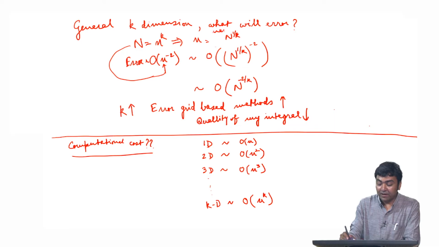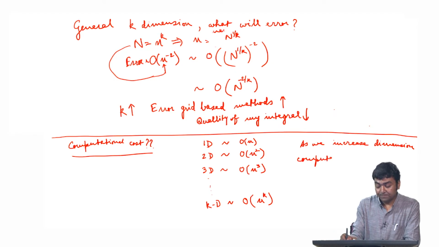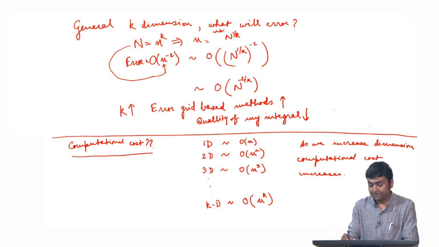So, basically as we increase dimension, the computational cost increases, which is a bad thing, and we do not want that. Okay.